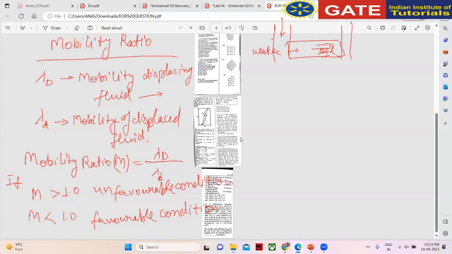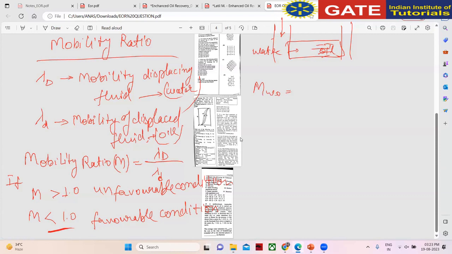Displacing fluid here will be water, and the displaced fluid will be oil. If the mobility of the displaced fluid is greater than the mobility of water, your ratio will be less than 1 and the oil will move more easily than water. Got it?